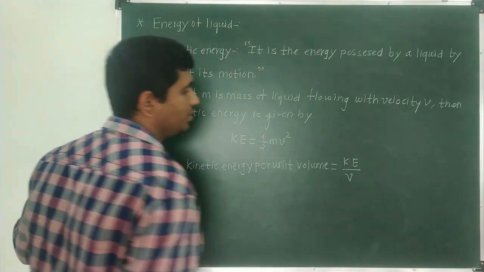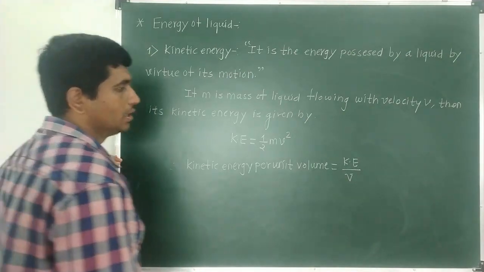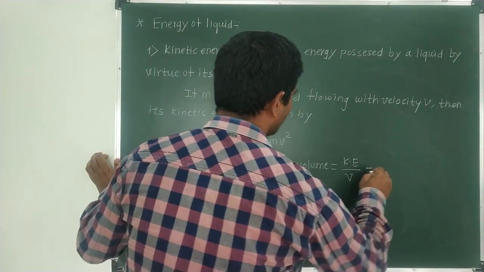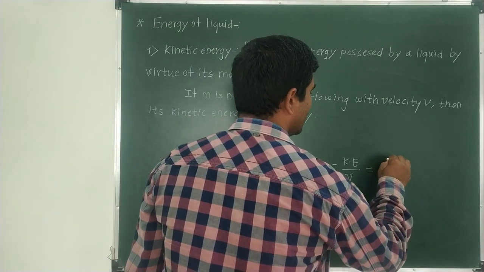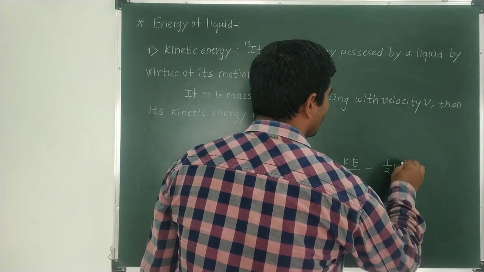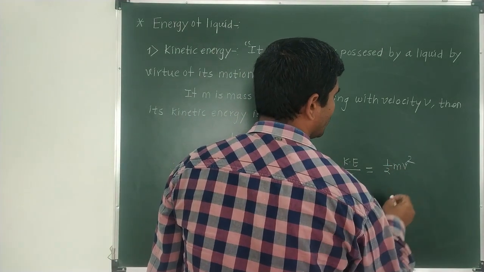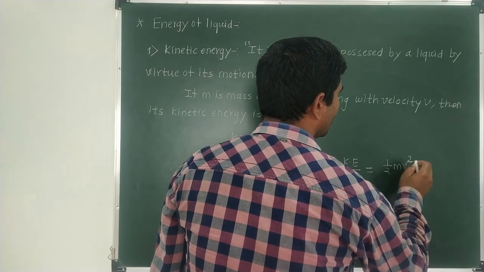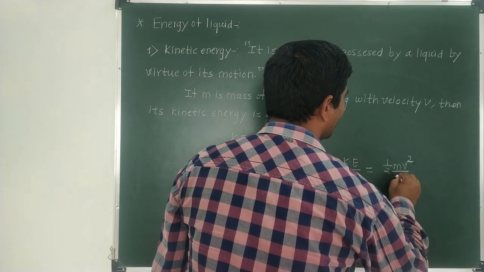Let us say capital V is the total volume of the liquid. Then I will substitute this value, so I will get 1/2 mv square divided by capital V.